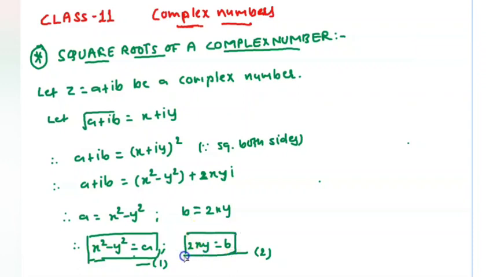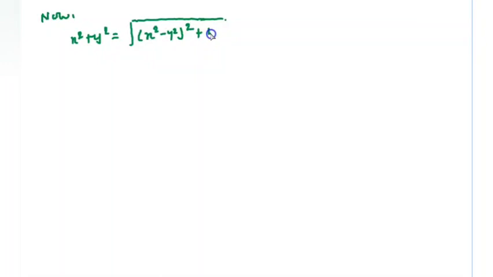Now from the value of x square minus y square we can calculate the value of x square plus y square. So let us do that. x square plus y square can be obtained by using the formula square root of x square minus y square the whole square plus 4x square y square.